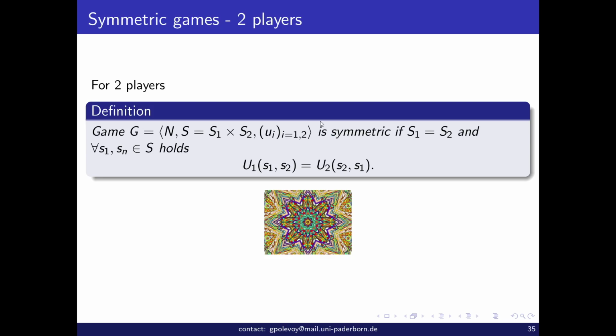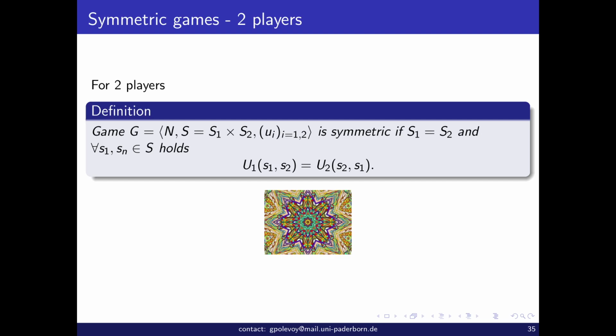Now we have the simple version of this definition when we only have two players. For two players, a game is symmetric if both strategy sets are the same, and the utility of player 1 under (s1, s2) is equal to the utility of player 2 under the opposite profile.